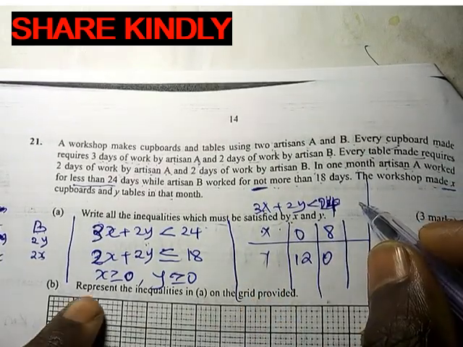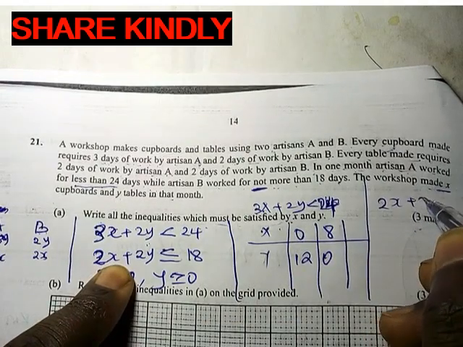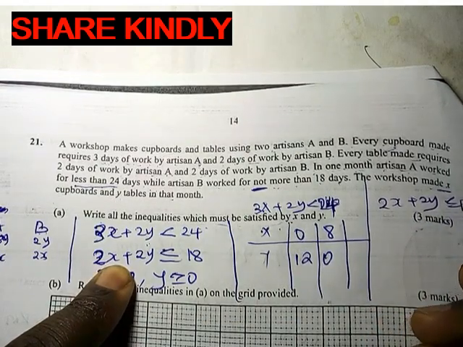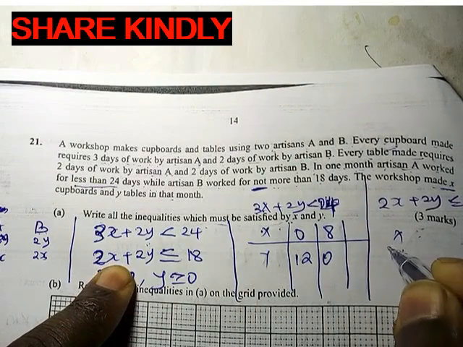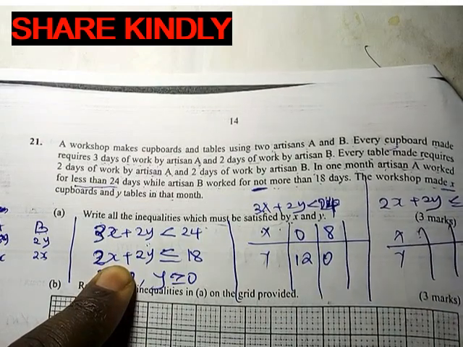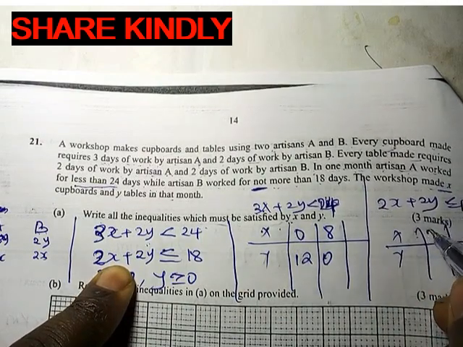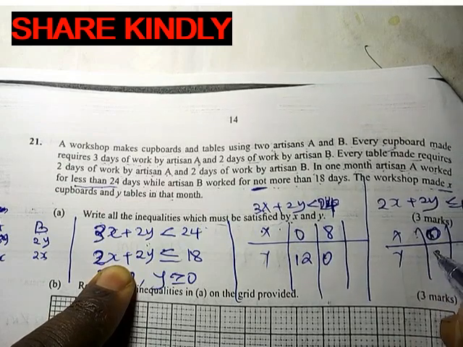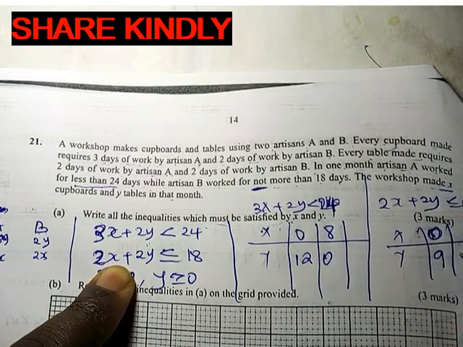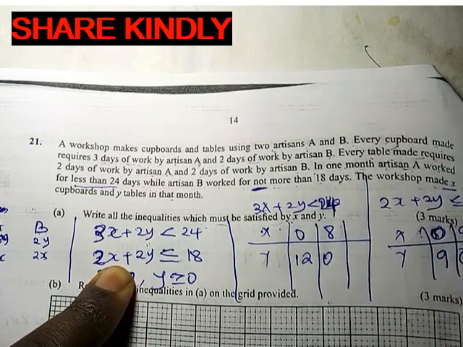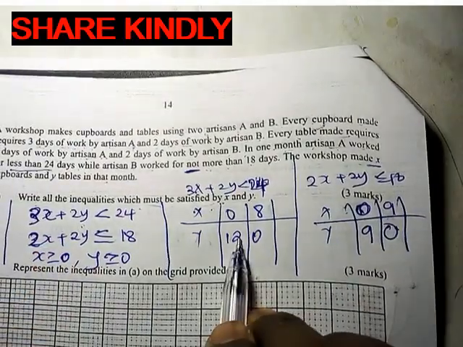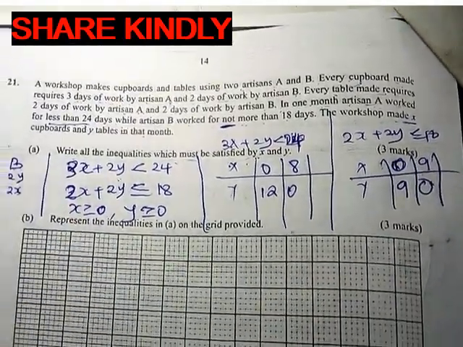And we can use the other one, 2x plus 2y is less than 18. When x is 0, y will be 9. When y is 0, x will be 9. Now we will use this table to draw the graph.